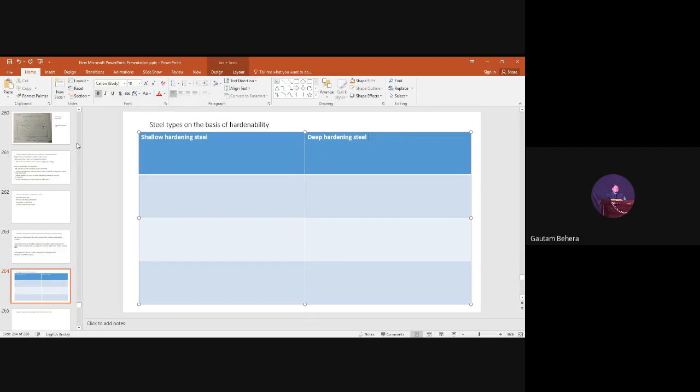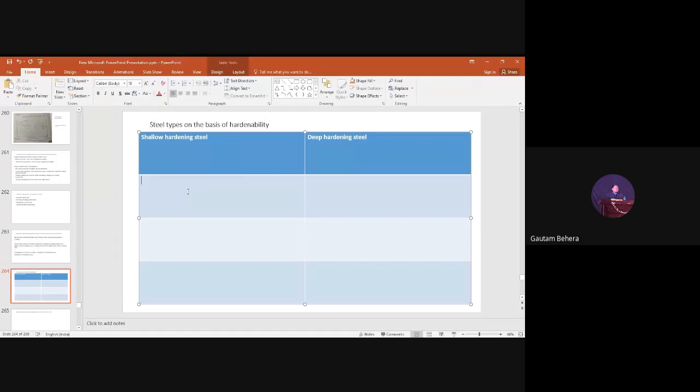The name itself is saying it, right? Shallow hardening means the hardness value is not so high at the center. Deep hardening means the hardness value is high towards the center also, right?